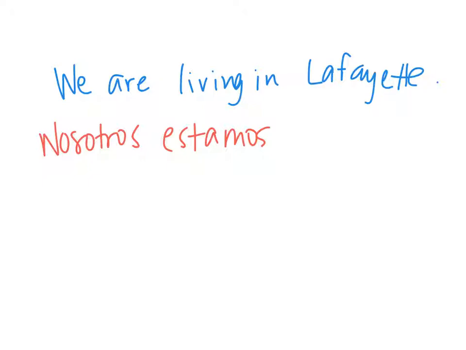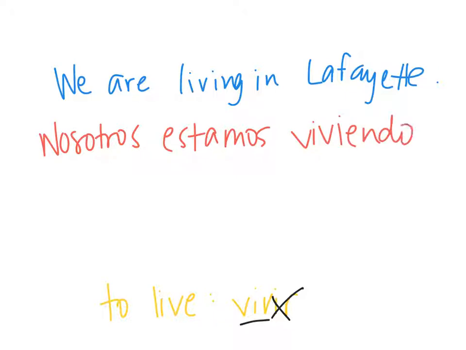Well, first of all, what's to live? The verb to live is vivir. So what's the stem of my verb? Viv. And I get rid of this, alright? So, estamos, viv, and then am I going to add ando or yendo? Well, because this originally was an IR verb, I'm going to add yendo. And then I just finish my sentence. En Lafayette. Nosotros estamos viviendo en Lafayette.